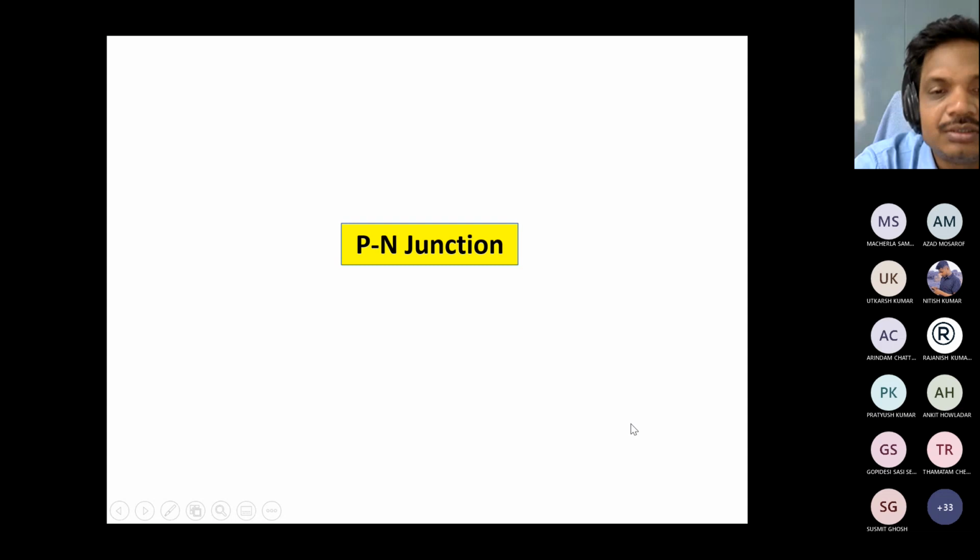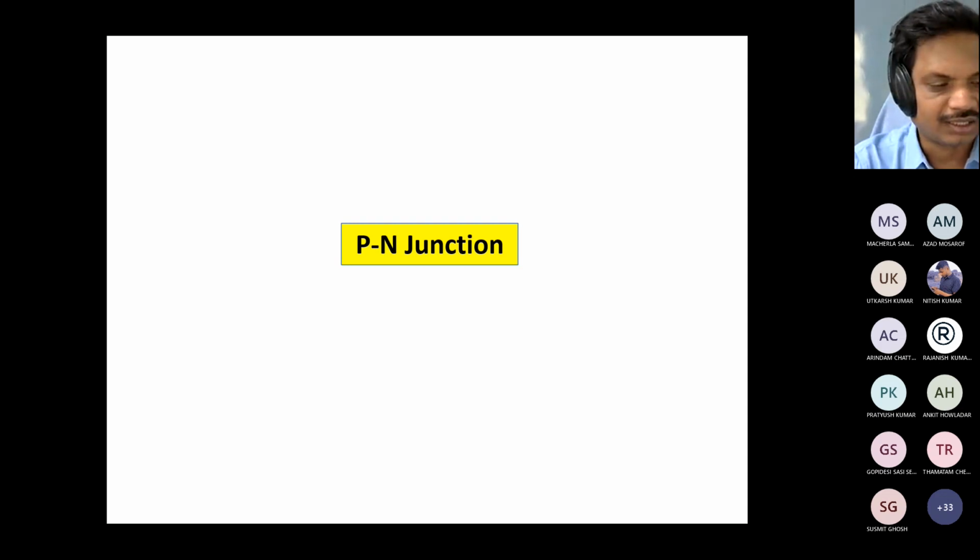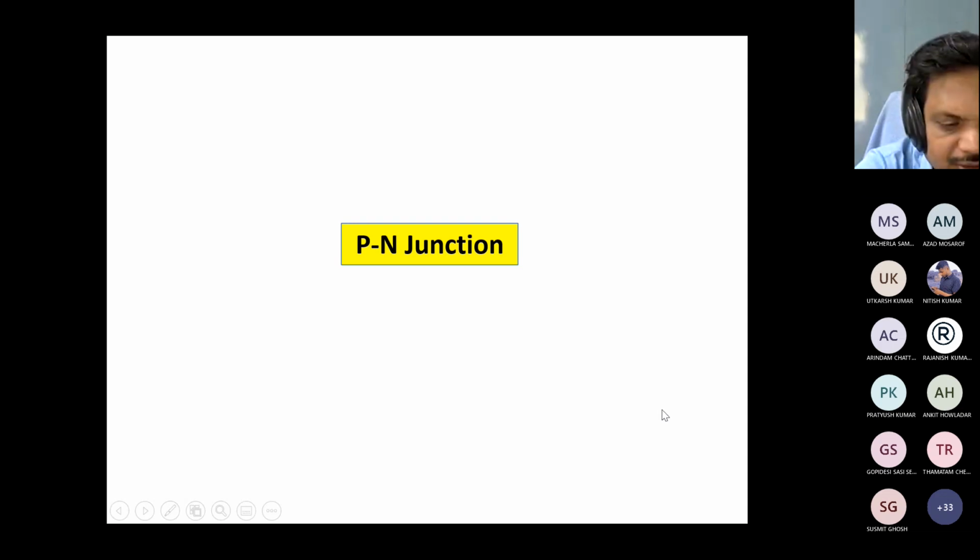Today we'll start it and see the junction characteristics, its formation, and the transport phenomena of the charge carriers in the PN junction in presence of bias potential or without any bias potential.